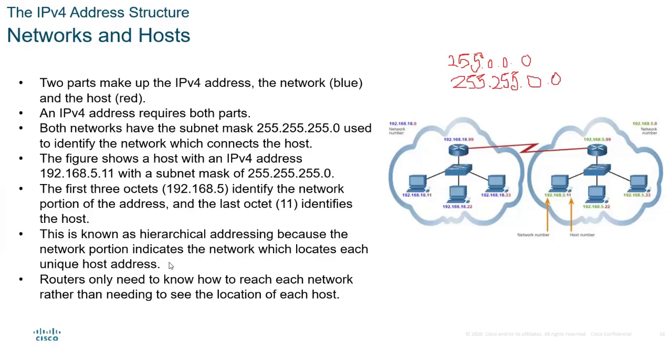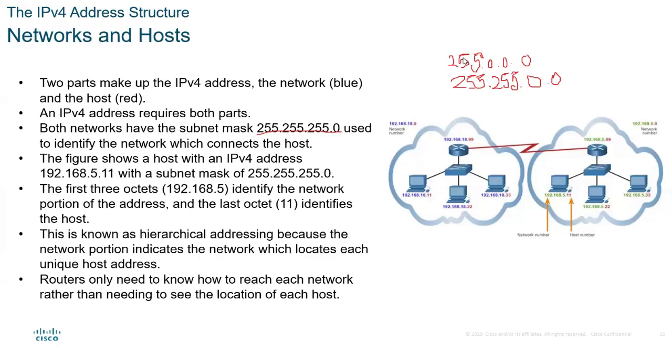Then we have the third one, 255.255.255.0. Now look at this very well. The subnet mask that is actually assigned is what will determine the 2 parts of your IP address.